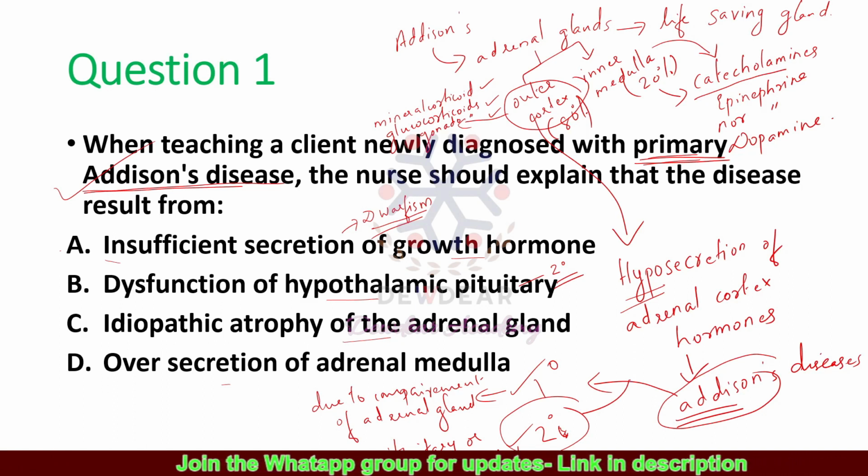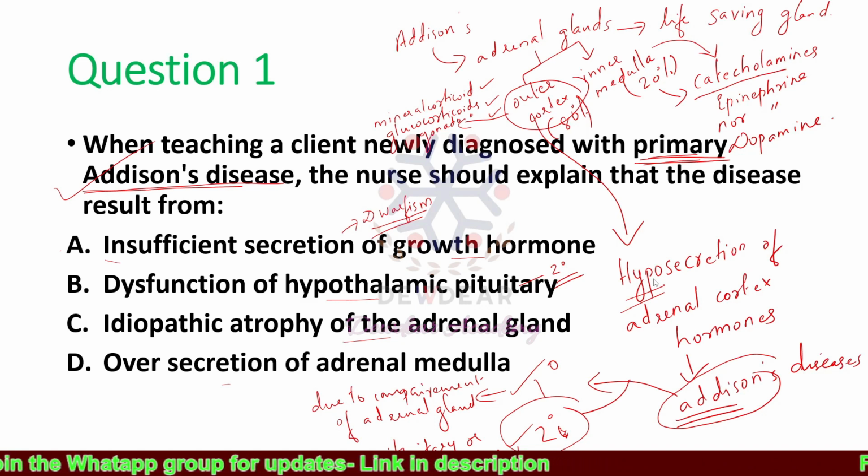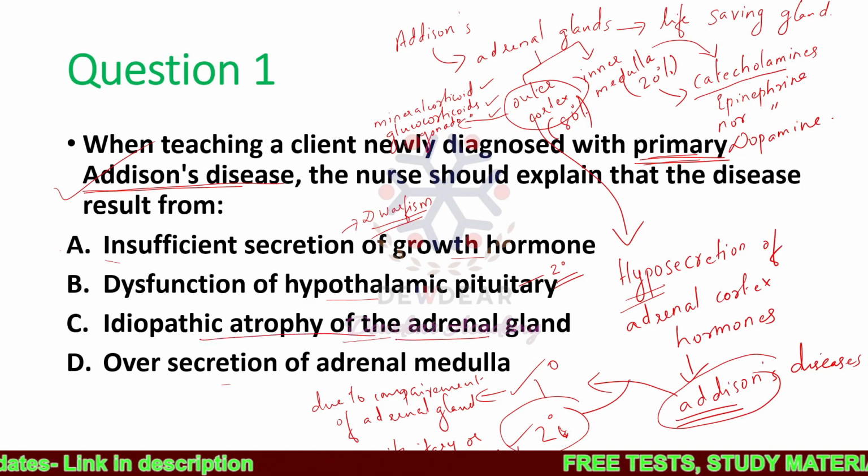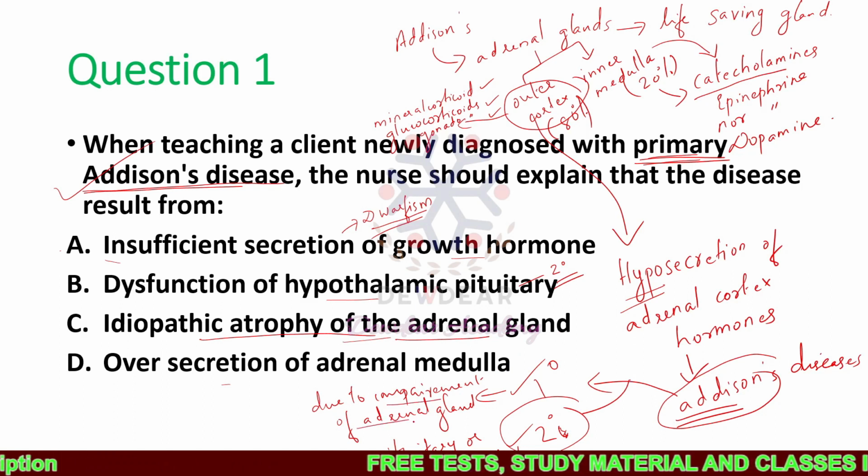Then option 3 is idiopathic atrophy of the adrenal gland. What is primary Addison's disease? It is due to impairment of the adrenal gland.